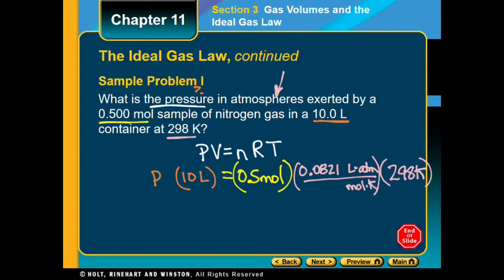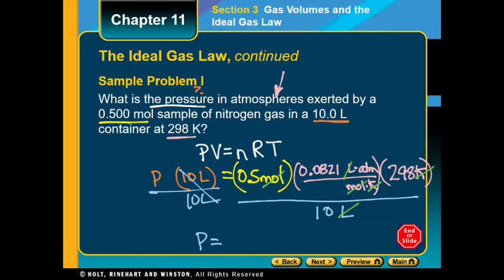I'm going to go ahead and rearrange this and get pressure by itself. So divide both sides by 10 liters. So that cancels. I'm left with pressure. Notice that, I'm going to show you how all the canceling takes effect. Liter cancels with liter. Kelvin cancels with Kelvin.